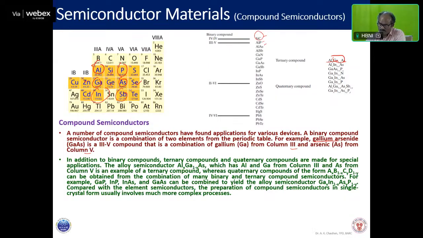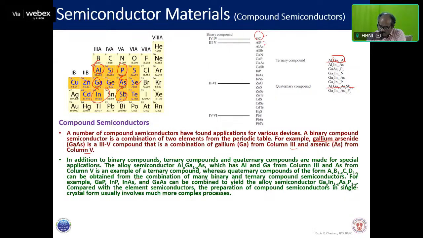Similarly, we have some quaternary compounds also. Ternary compounds and quaternary compounds are made for special applications. An alloy semiconductor like aluminium gallium arsenide has aluminium and gallium from column 3 and arsenic from column 5. This is an example of a ternary compound.